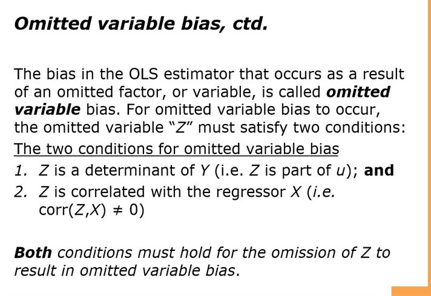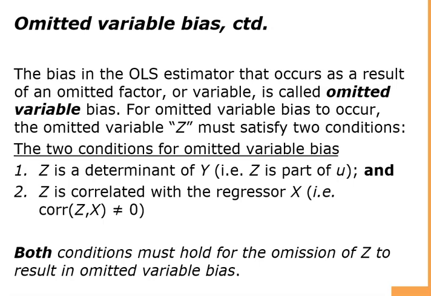Now, if that is the case, z is part of u. If this condition is actually true, then it would mean that the correlation between x and u is not equal to 0. And when that is the case, it would mean that our first assumption of the OLS model is not being satisfied.